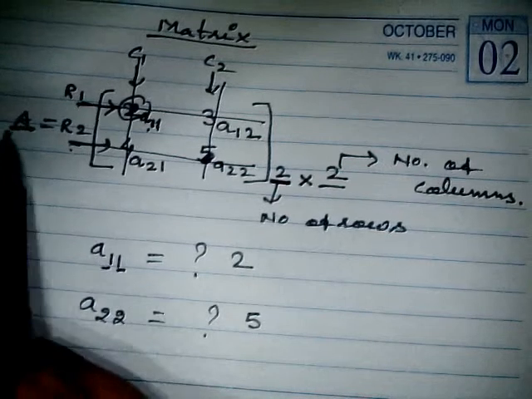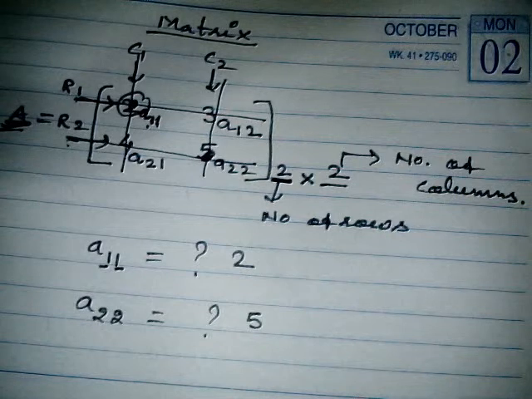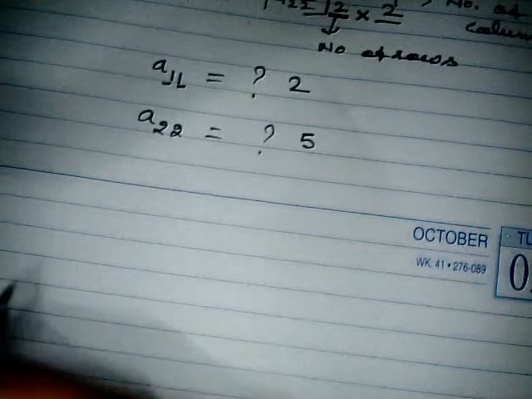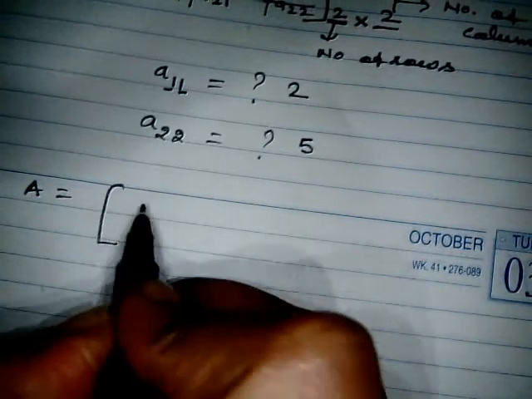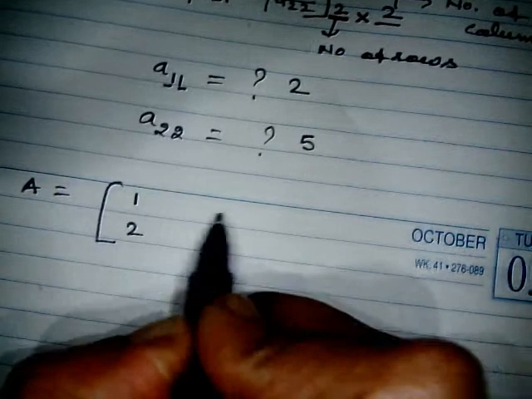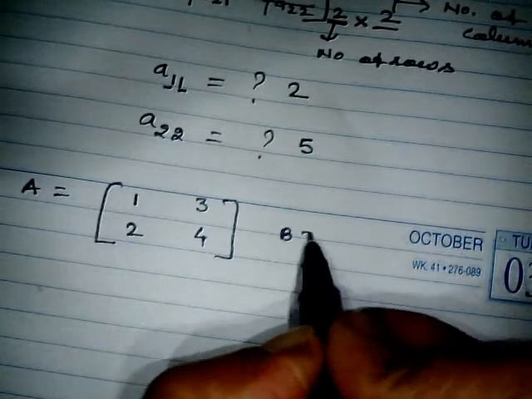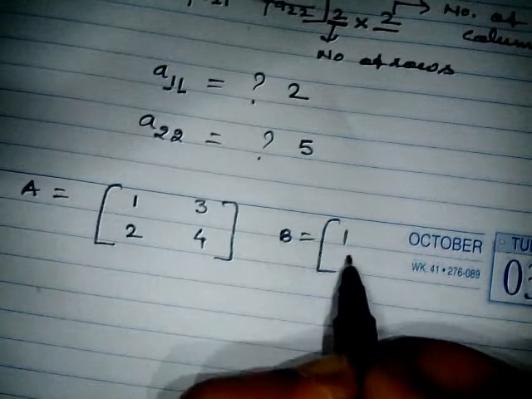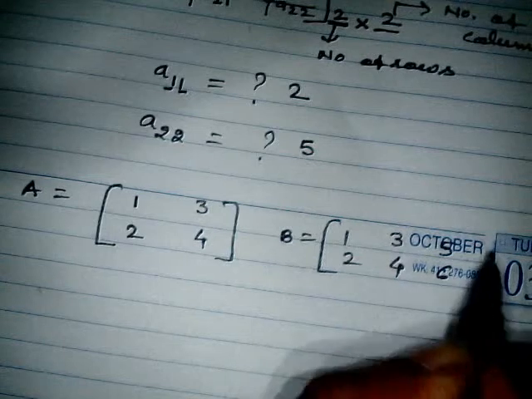Now we move on to some operations, how the operation could be done. Suppose two matrices are given: one matrix is 1, 2, 3, 4, and another matrix is 1, 2, 3, 4, 5 and 6. What is the order of the first matrix?